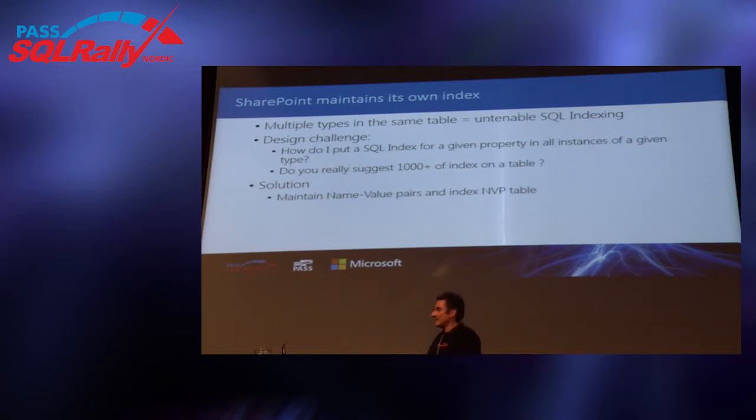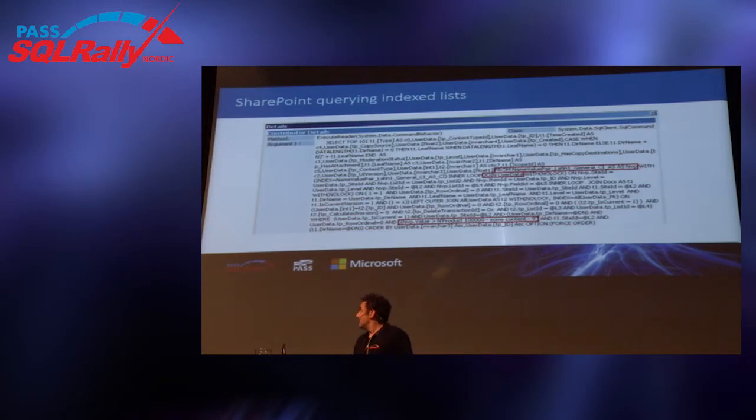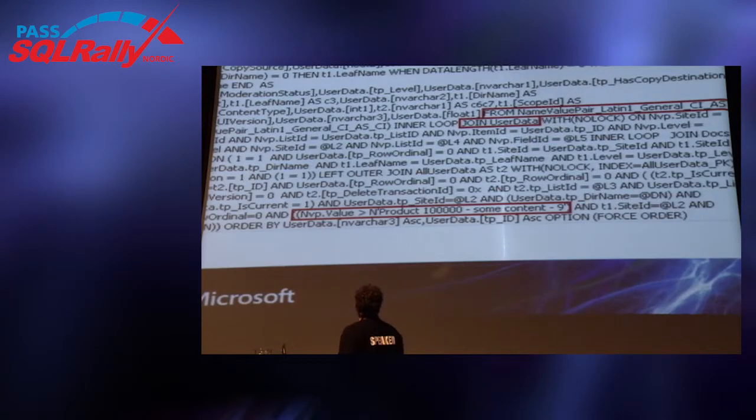It maintains a separate table with your list items and the keys for these items, and it will build an index on that. That actually results in some very ugly queries in SharePoint, joining on the name-value pair table and on the item ID.